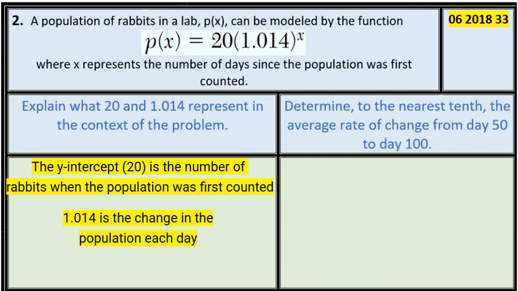Now, for the second part, it says determine to the nearest tenth the average rate of change from day 50 to day 100. So I want to put P of x in my graphing calculator, but notice the graphing calculator uses f of x. So I'm just going to type this equation into a graph page.